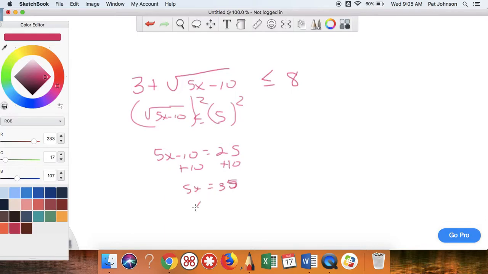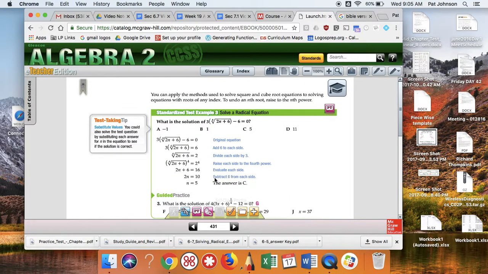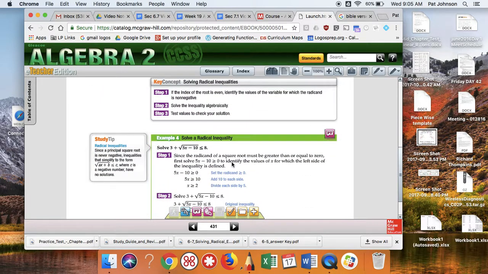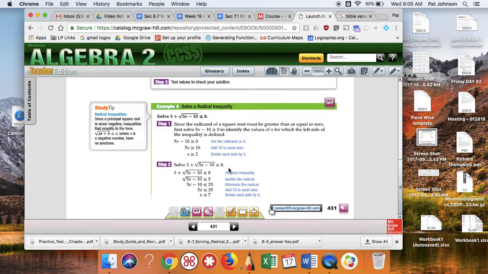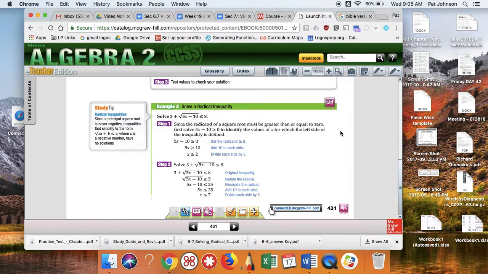This is a 10. x equal 7. x less than or equal to 7. Oops, we gotta keep our inequality sign. All right, however, I need to check points. So we're saying x is less than or equal to 7.